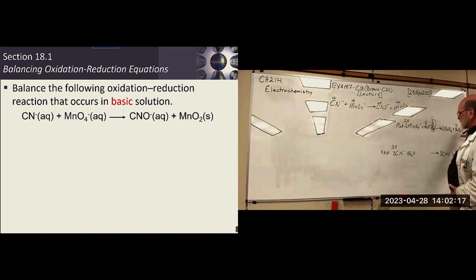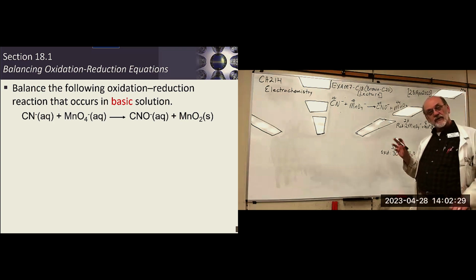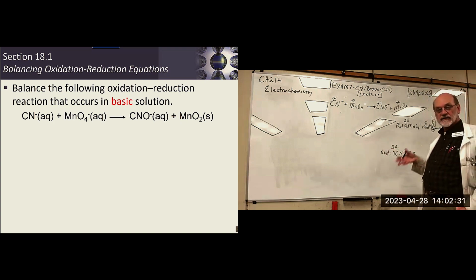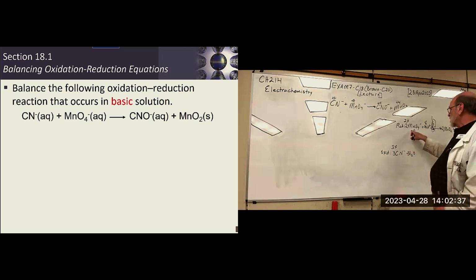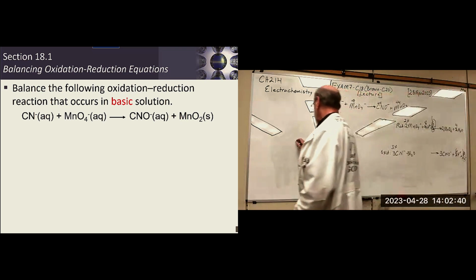Now I've gone through this reduction step and this oxidation step, and what I'm doing now is bringing them back together. Now that we got the electrons balanced, whenever you reduce by so many electrons, you must also oxidize by the same number of electrons. So that has to be balanced first, and then we can add them back together. So I've got two MnO4s.